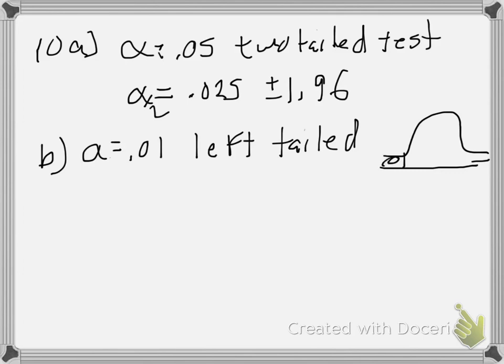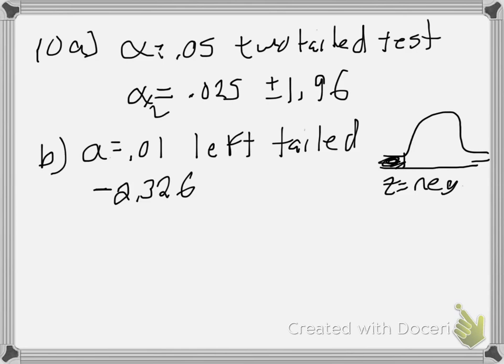A left-tailed test would be this end, right? Because that's left-tailed. So that means that my z is going to be negative. So all I have to do, if I go on my chart to 0.01, I see the number 2.326. Okay, well, if it's left-tailed, it's going to be negative.